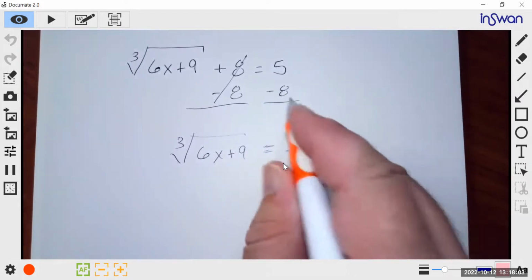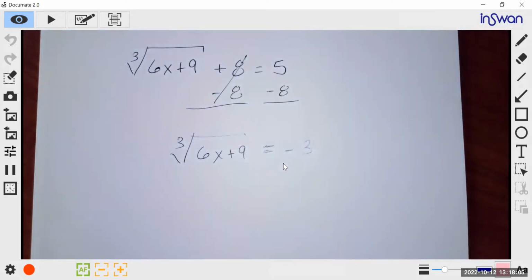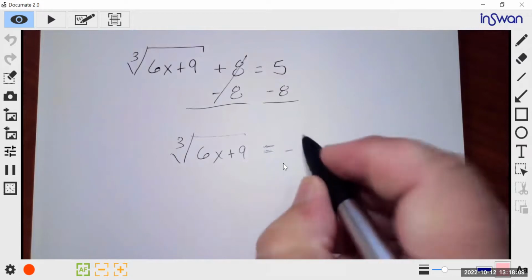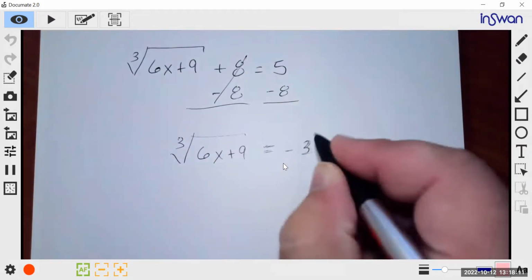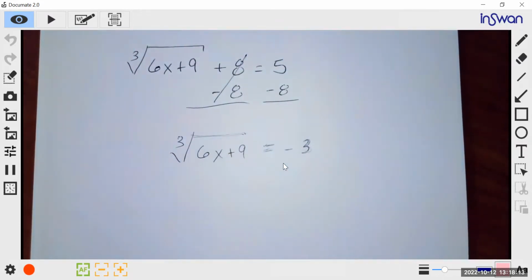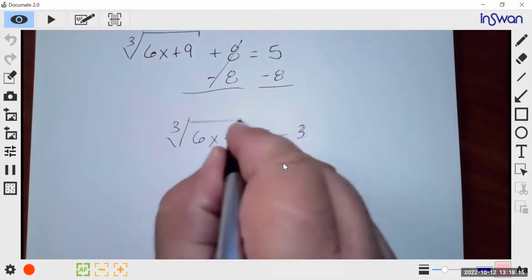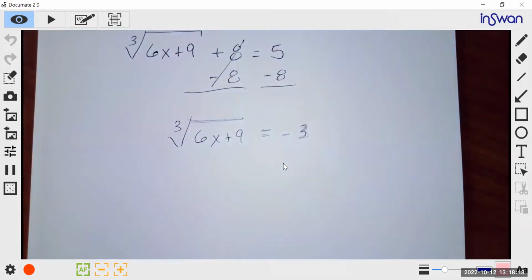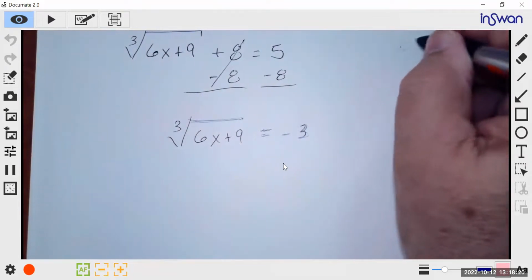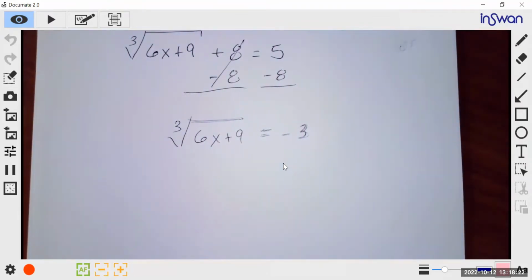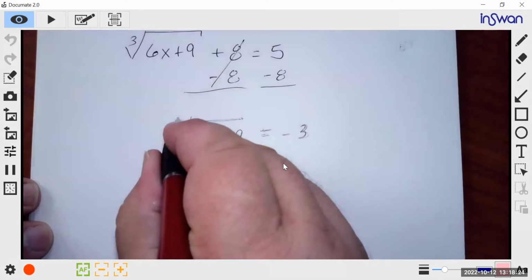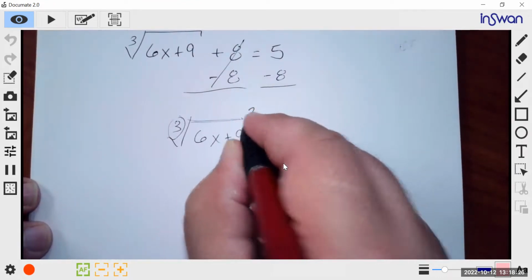It's negative. 8 minus 5 is 3. What do you do next? Cube it. Why cube it? Yeah, because there's a cube right there. So we have to cube both sides.